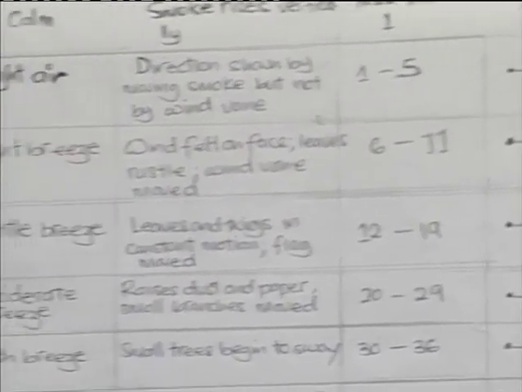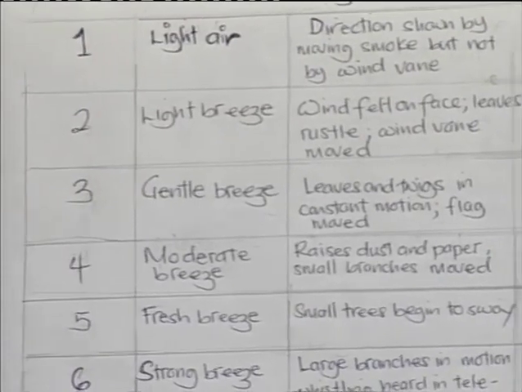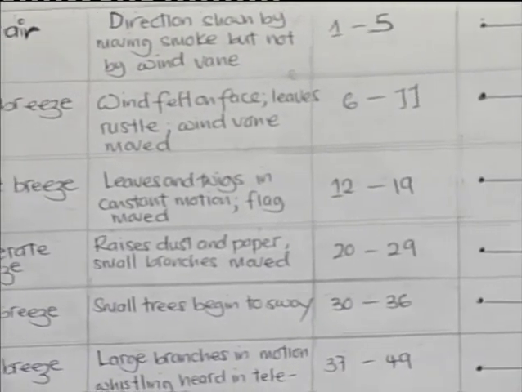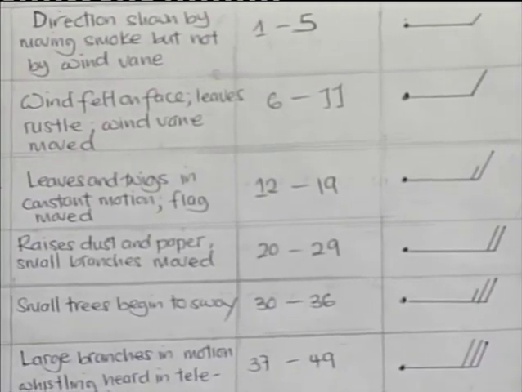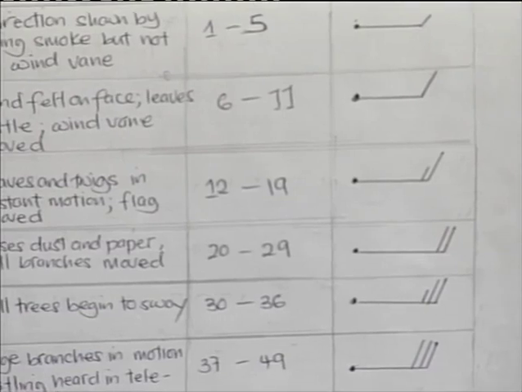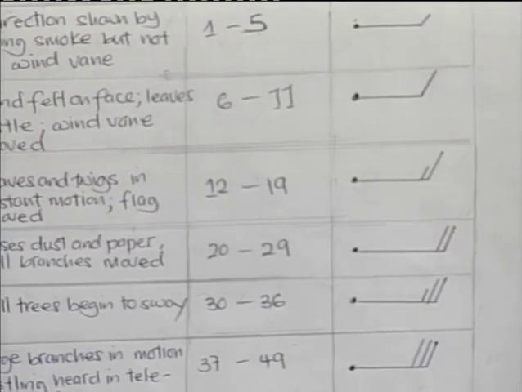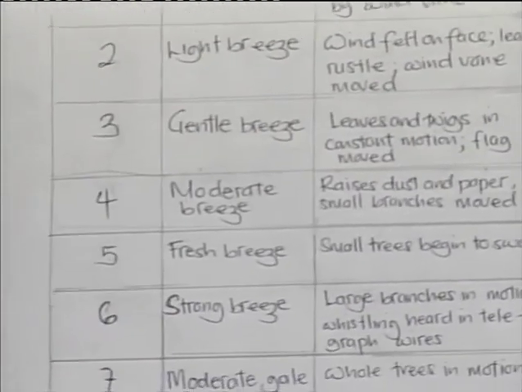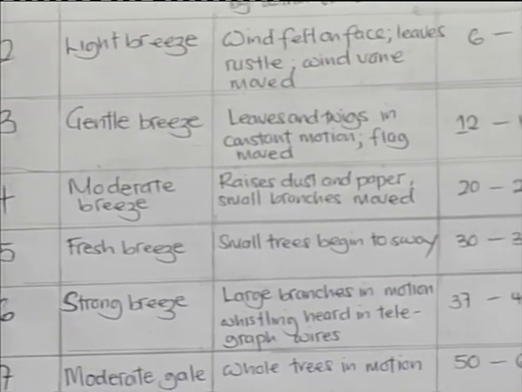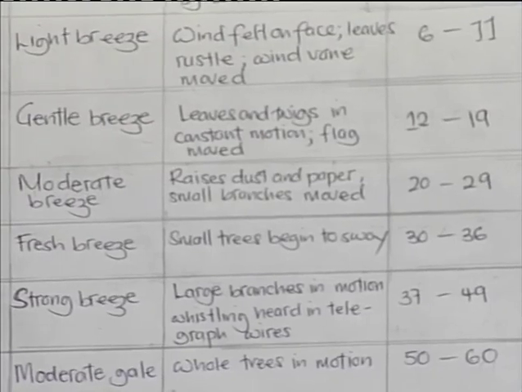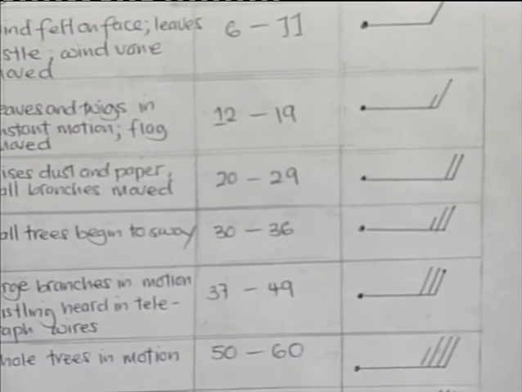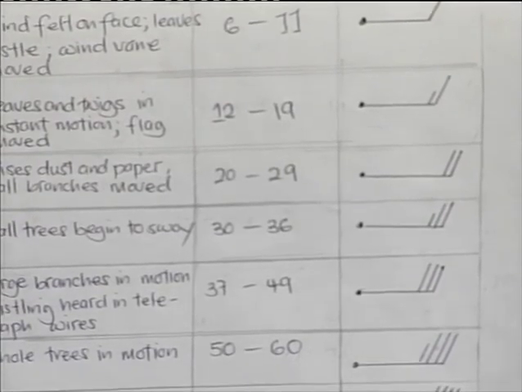Number 3, we have the gentle breeze: leaves and twigs in constant motion, and flags moved. 12 to 19 kilometers per hour, and it's represented by 1.5 arrow indication. Number 4, we have moderate breeze: raises dust and paper, small branches moved. 20 to 29 kilometers per hour, and it's usually represented by 2 full arrows.